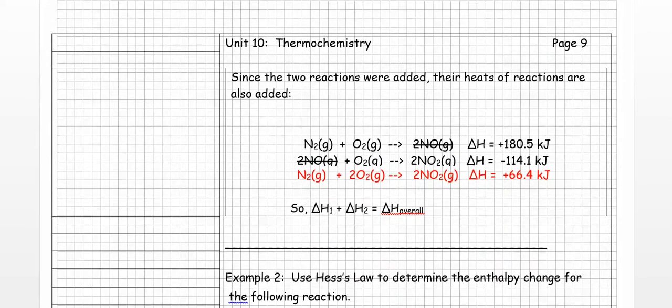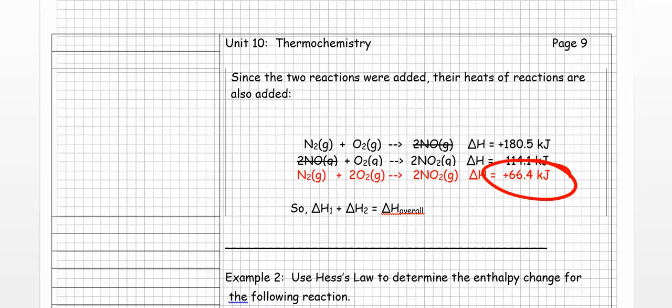Since the two reactions were added, their heats of reaction are also added. So now these are the heats of reaction. For the first one, it was a positive 180.5. For the second one, it was a negative 114.1 kilojoules. If I add those up, this is the value that I get, 66.4 kilojoules. So the overall reaction is going to have a delta H then of 66.4 kilojoules.